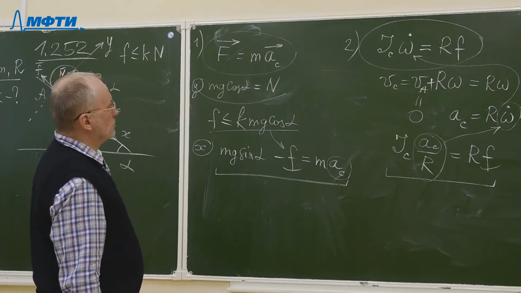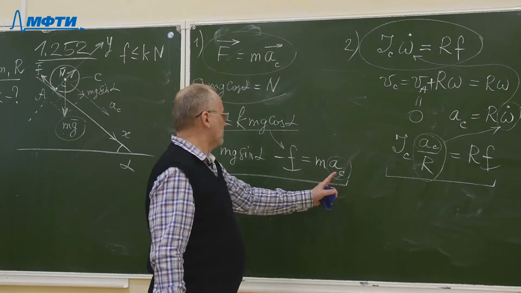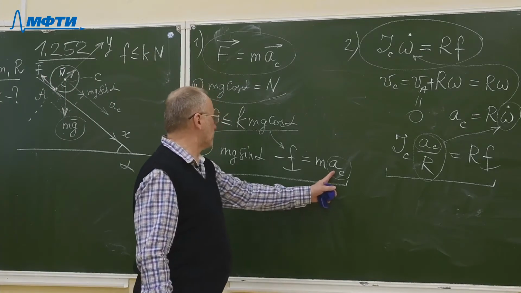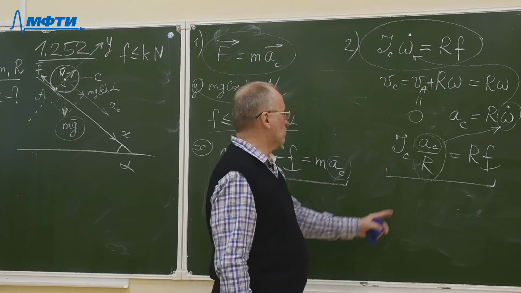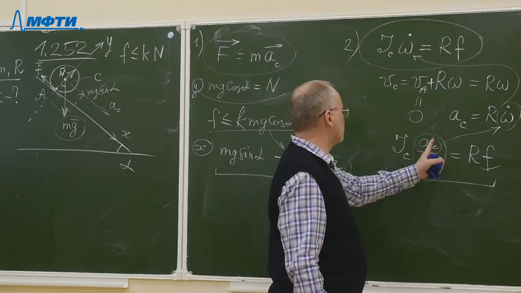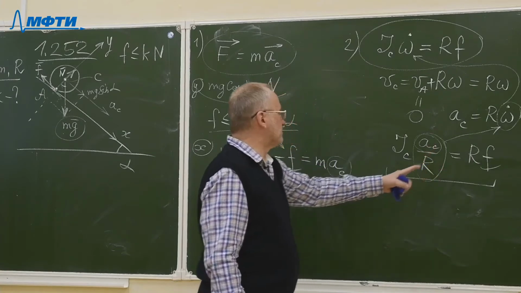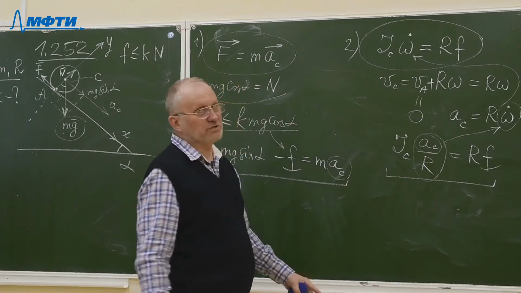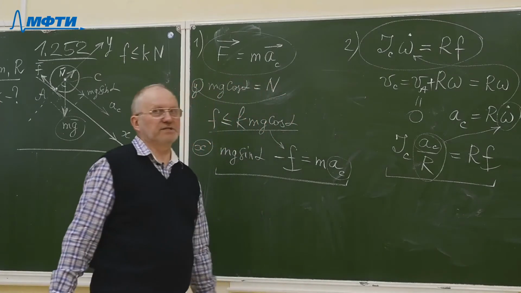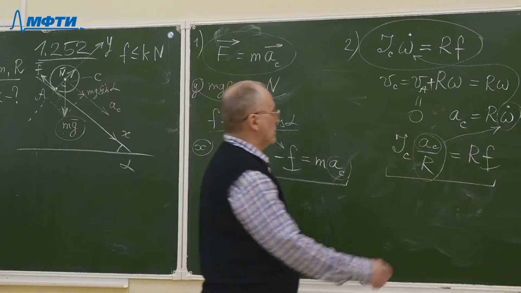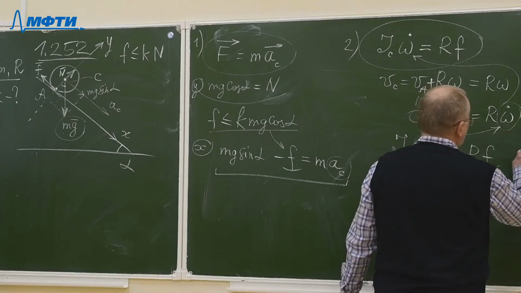And in order to do so, we may either find acceleration from the first equation and substitute this quantity to the second, or we may find the acceleration from the second equation and substitute the result into the first equation. It doesn't matter which way you go. Both ways of solution are simple. So we can find it, for example, from here.